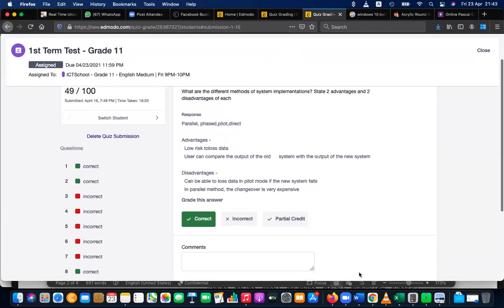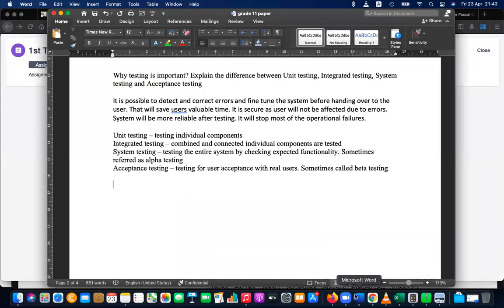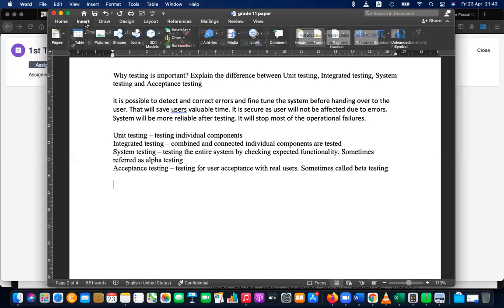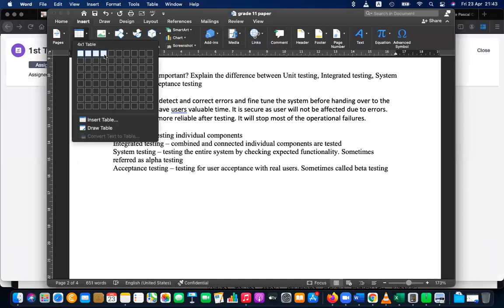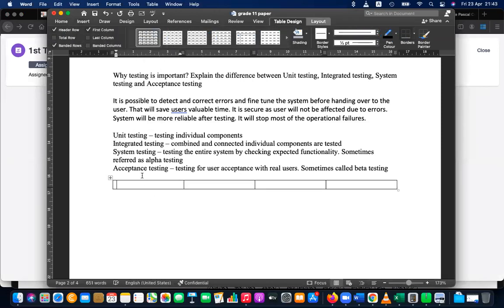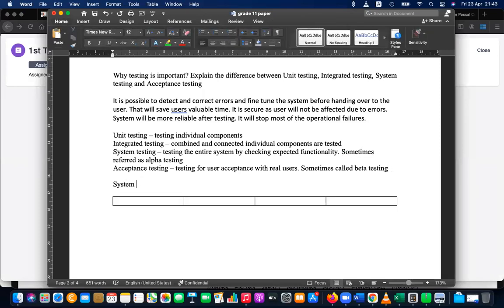Right, okay, let's write the last one, system implementation methods. So let's write it as a table. One is direct.